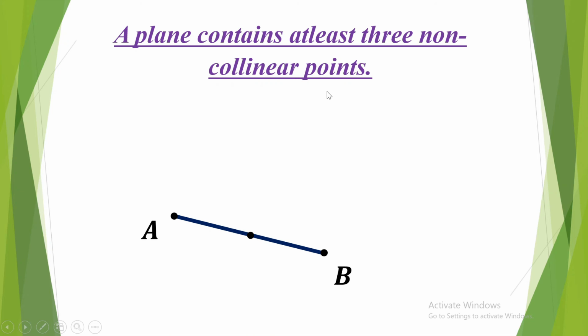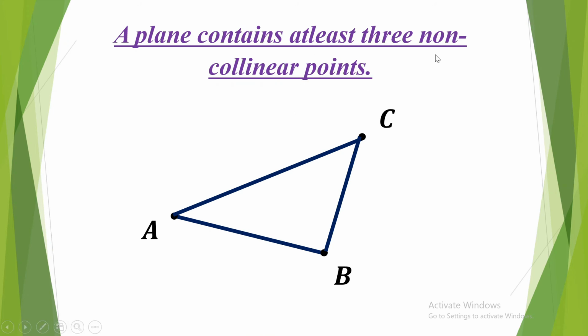When we say non-collinear, when you draw a line, they should not be on the same line. So, like this, say for example, point C. If we draw a line, it will not pass through the other point. So, connecting those 3 points, we now form a plane.